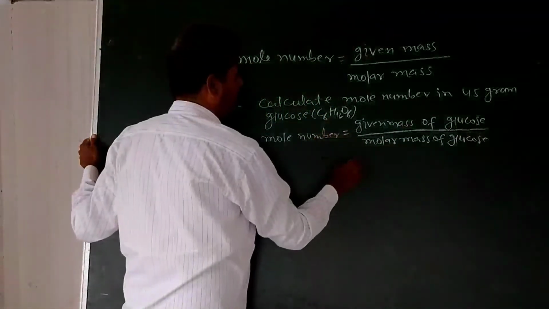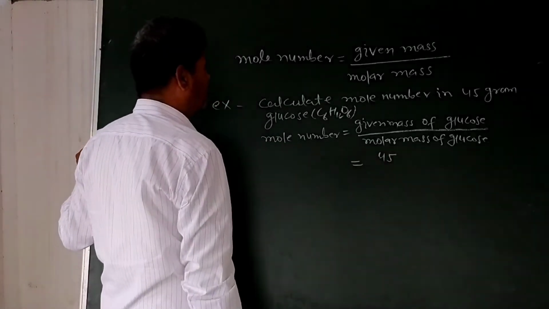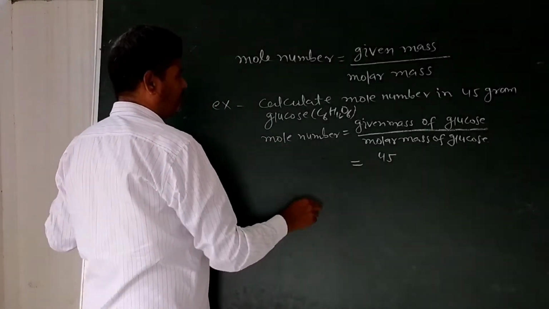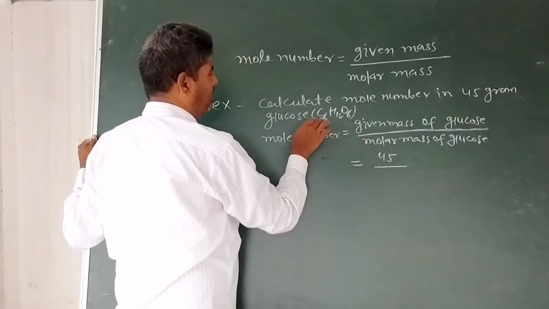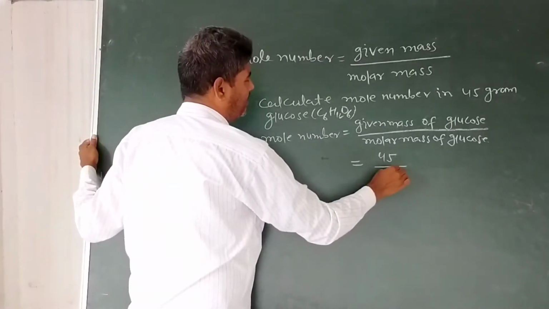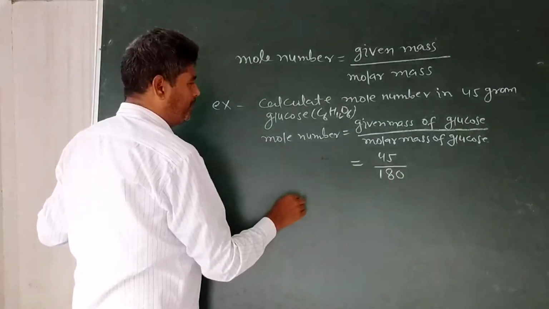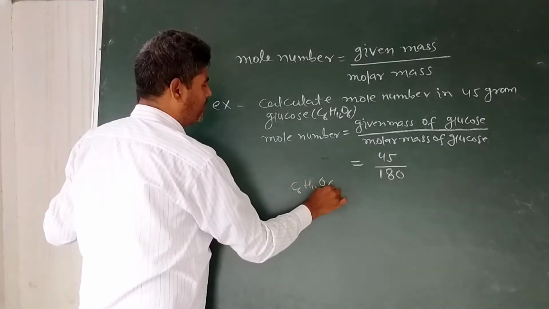The given mass of glucose is 45 gram and the molar mass of glucose is 180. Why is it so? Pay individual attention. C6H12O6.